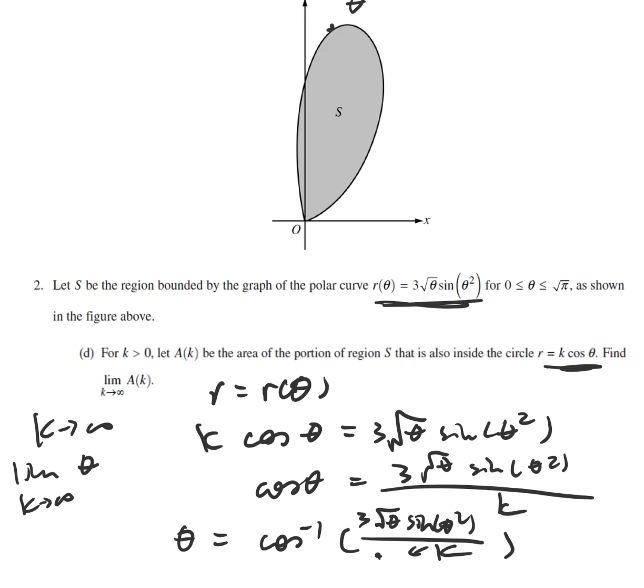For this expression, as k goes to infinity, the denominator will be super large, and this whole thing will go to 0. So the limit of theta as k goes to infinity will equal cosine inverse of 0, which is simply pi half.